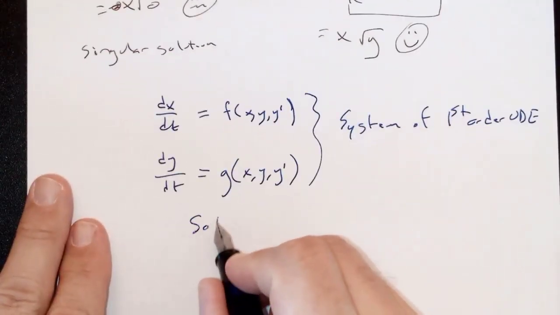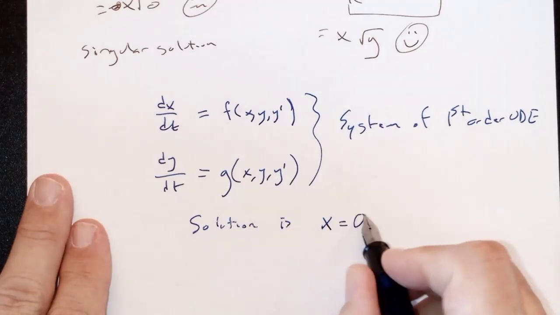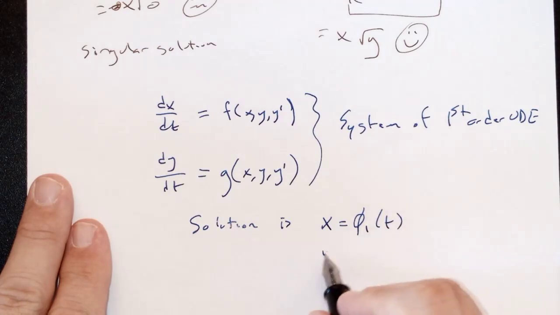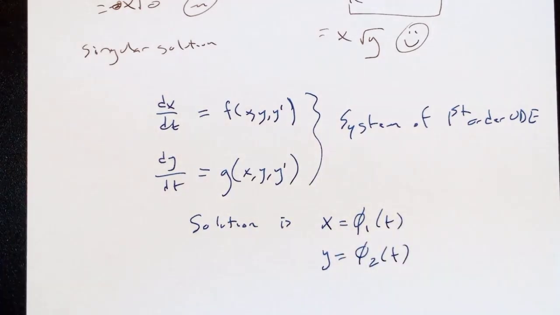is going to look like two functions. And each of those functions will have an interval. Just like we were asking at the beginning, I need an interval to be defined for each function.